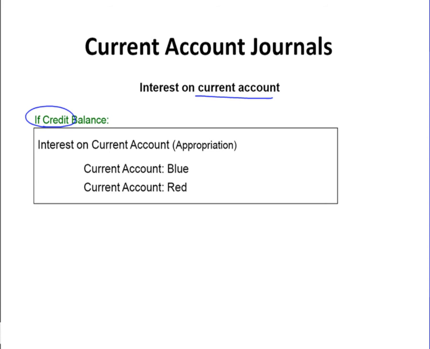So for blue, I will be doing 1,060 credit balance times 5%, and for red, I'll be doing 2,800 times 5%, giving me the figures of 53 credit in the current account for blue and 140 credit for red. Gives me a total debit that needs to be passed to the appropriation account for interest on the current account being 193.